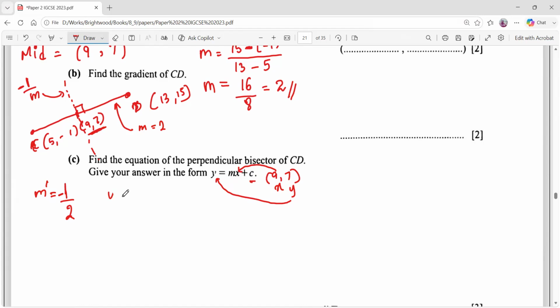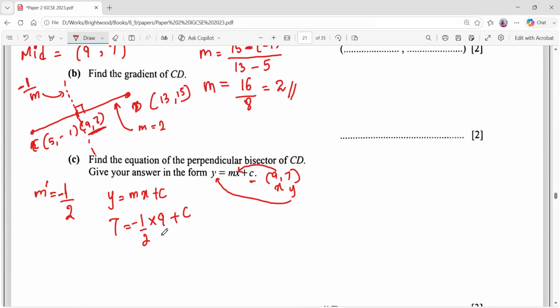The equation is y equals mx plus c. Substituting: y is 7, m is negative 1 over 2, into x which is 9, plus c. Find the value of c.